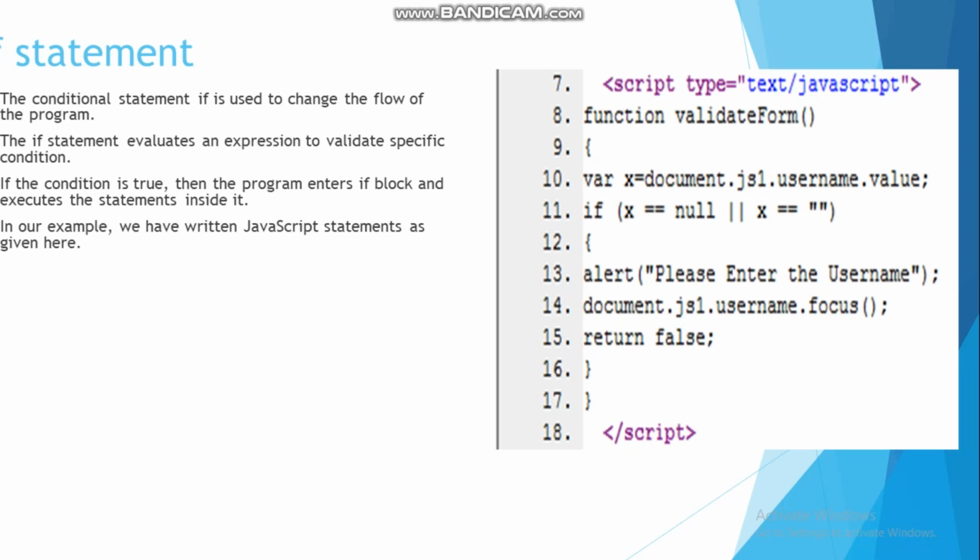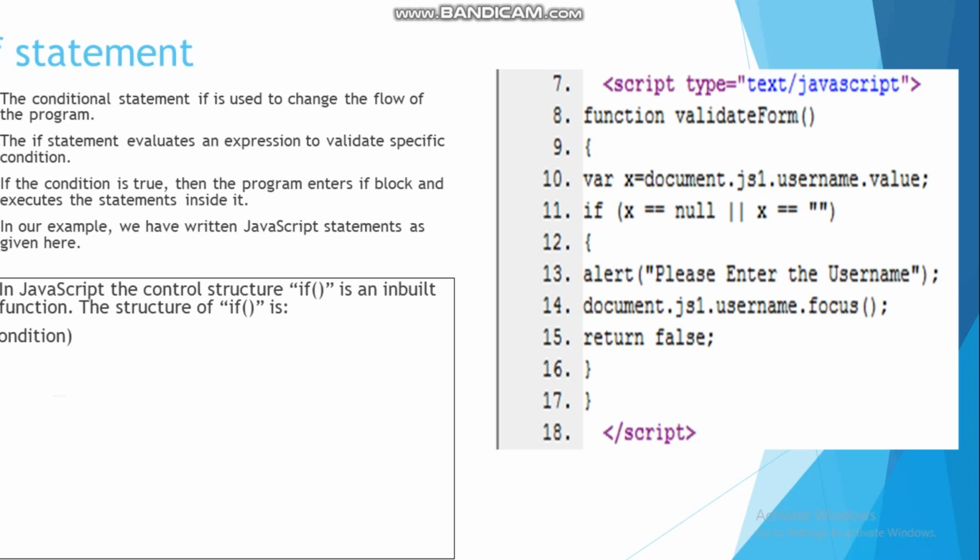Null means nothing. So if it is null, means user doesn't type anything, then it will display a message, please enter the username, and it will keep focus onto username text box, and then it will return false. It means the form will not get submitted. So all these things we have studied.